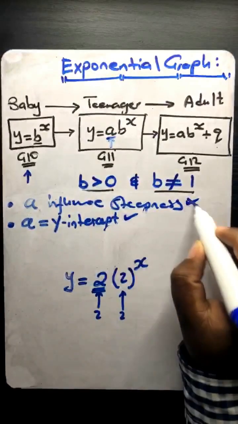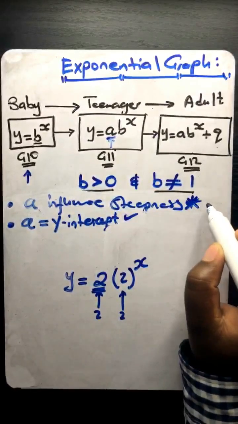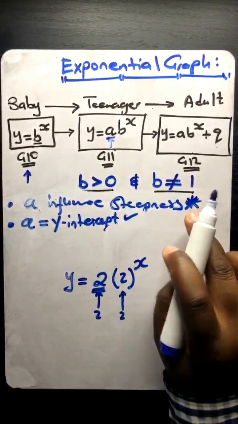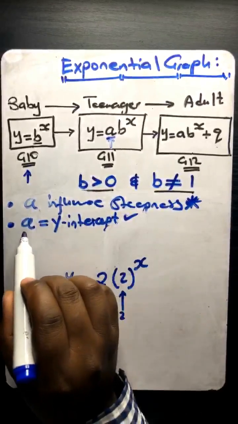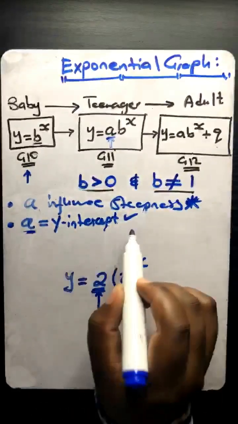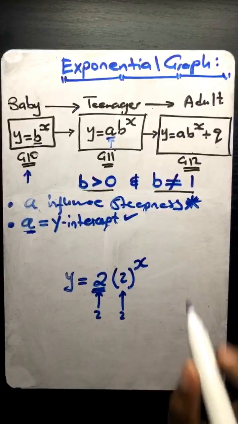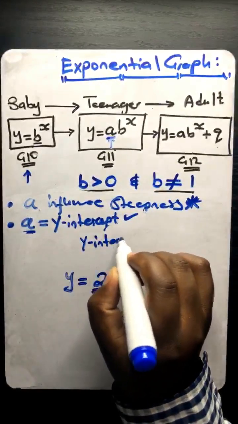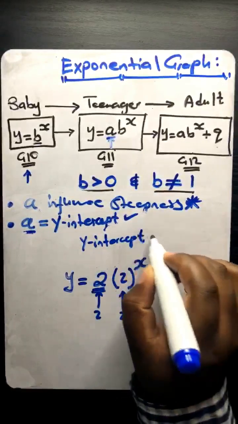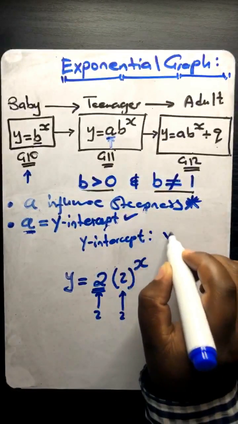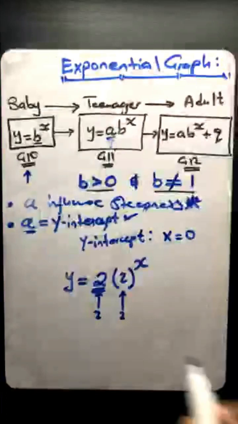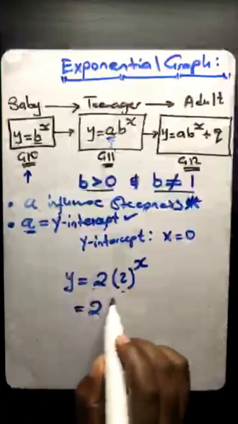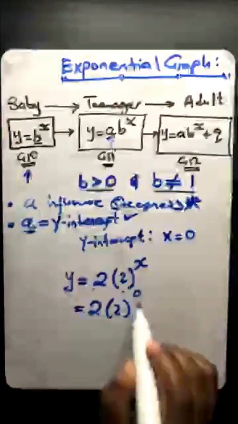You don't need to worry about the steepness because it's a shape that you only see as you plot. But most importantly, this A value is the y-intercept. How is it the y-intercept? Do you guys still remember that to calculate the y-intercept, you say that's where x is equal to 0? I'm sure you remember that. So let's substitute. You have 2 times 2 to the exponent 0.